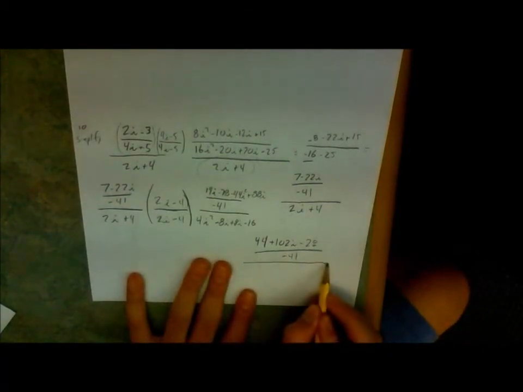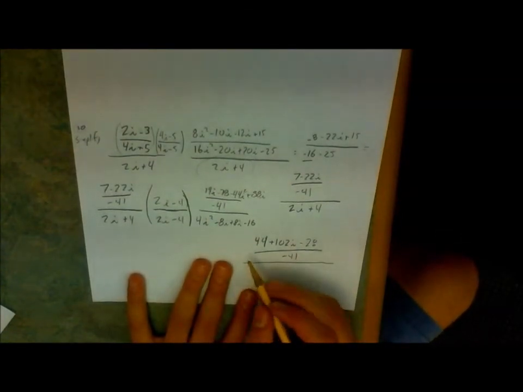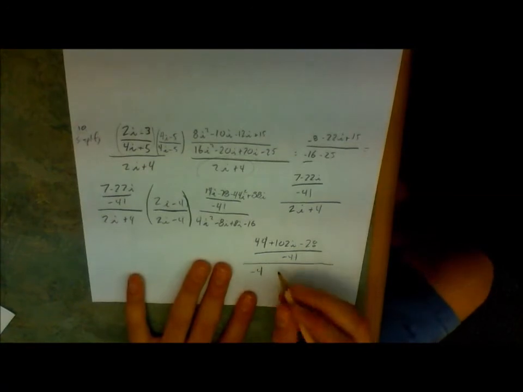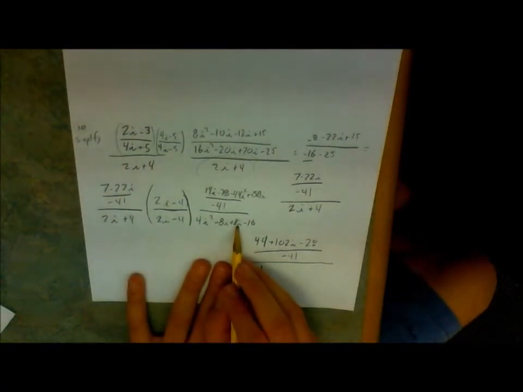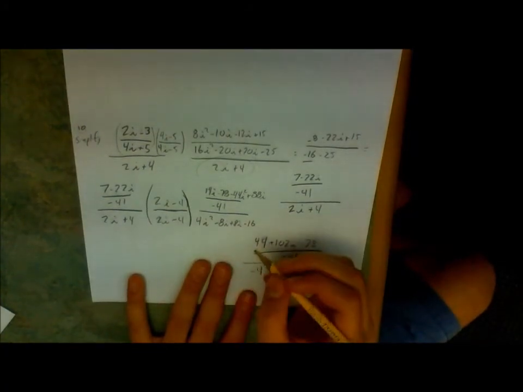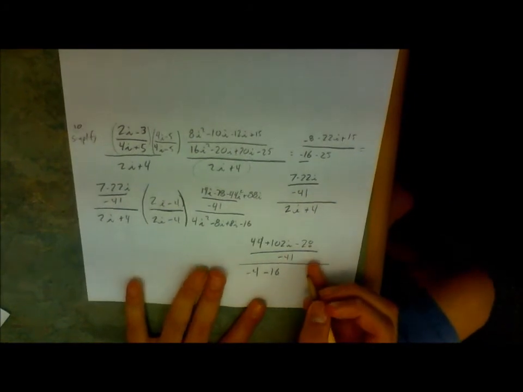And then with the denominator of the equation, i squared is negative 1. Negative 1 times 4 is negative 4. 8i minus 8i would be 0. And then you have minus 16 from before.